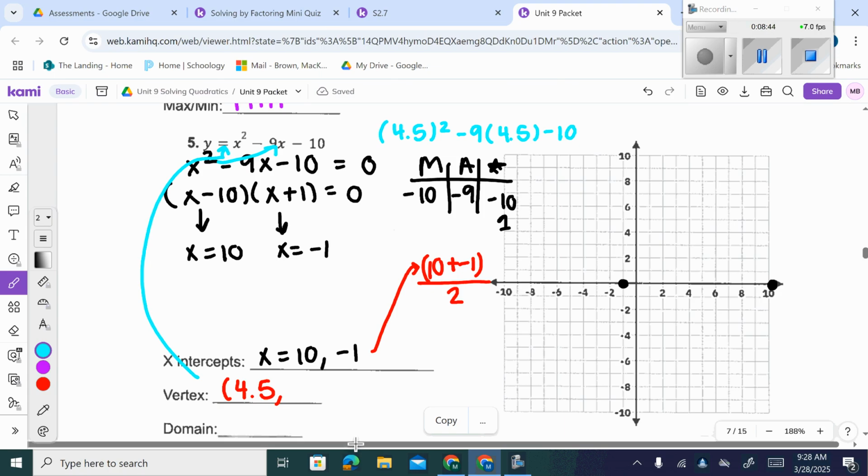You don't have a calculator in your hand. Get one. Put this whole thing right here in your calculator, because I put a 4.5 everywhere there was an x. What did you get?